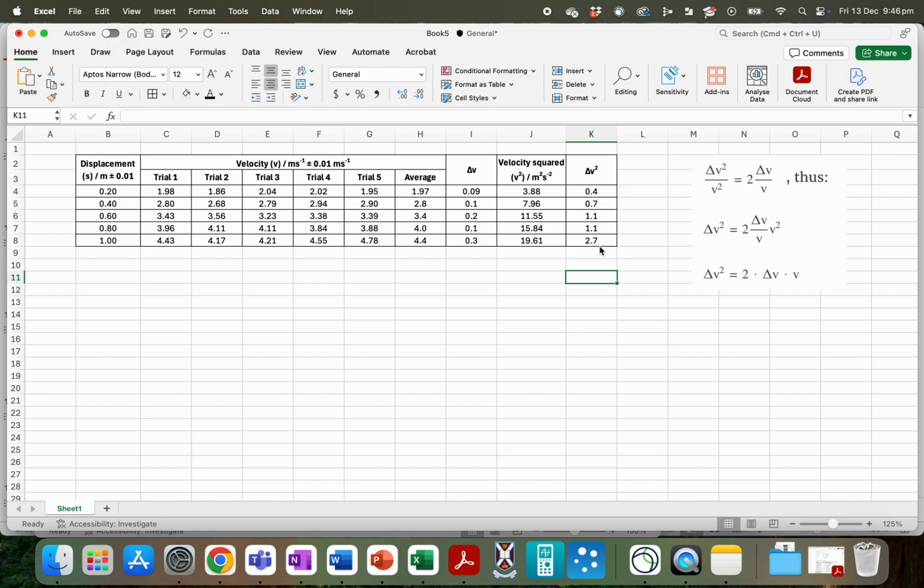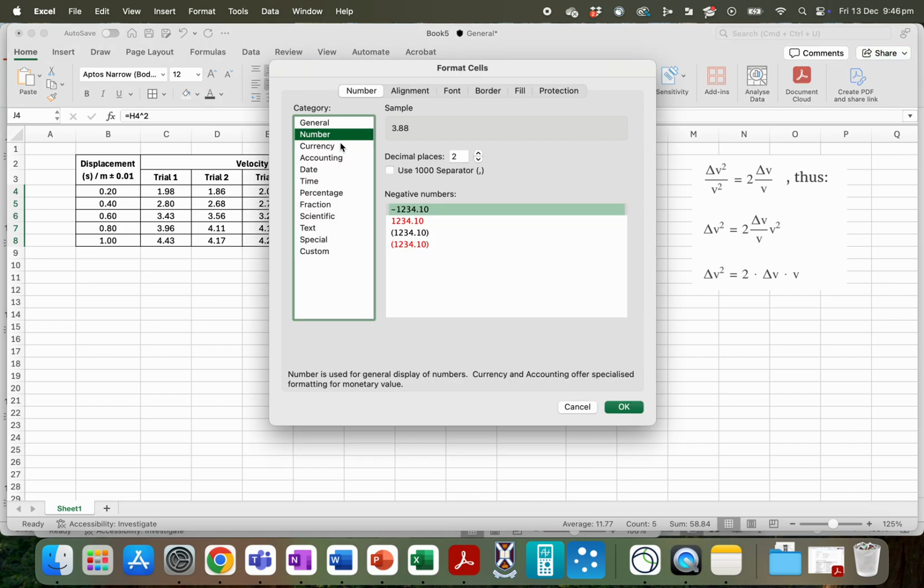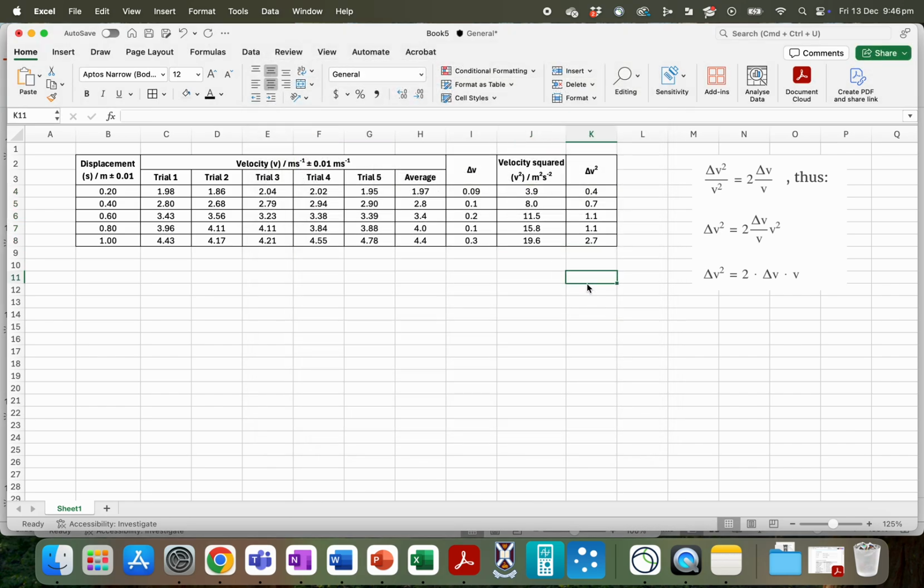All right, so there's our uncertainties in v squared. And we also, remember, finally have to put all of these to the same 1 decimal place as well. So format cells, number, 1 decimal place. Great. Okay, so there's our ever-expanding data processing table with now the velocity squared values with their associated uncertainty.